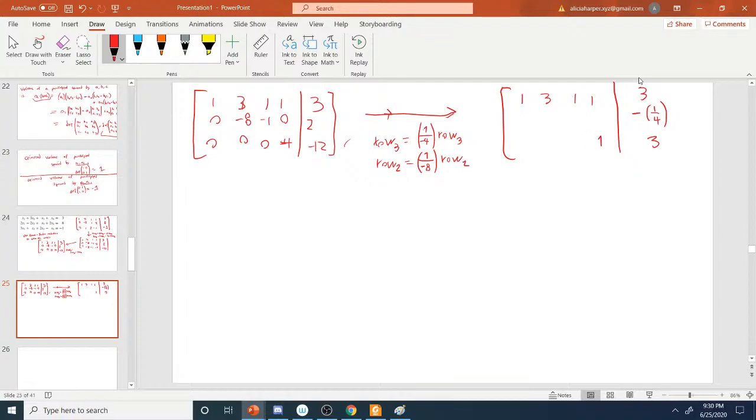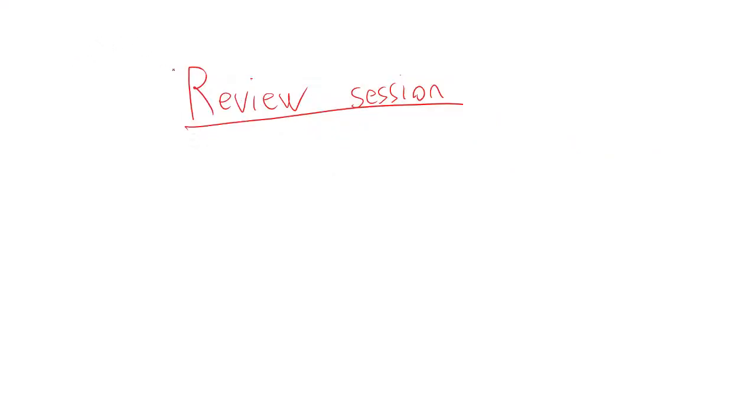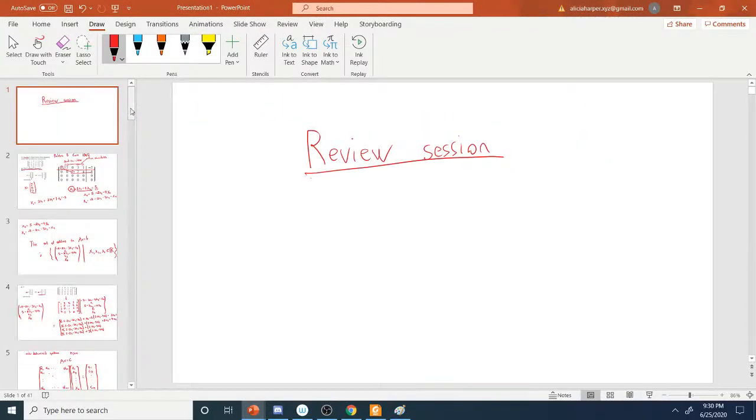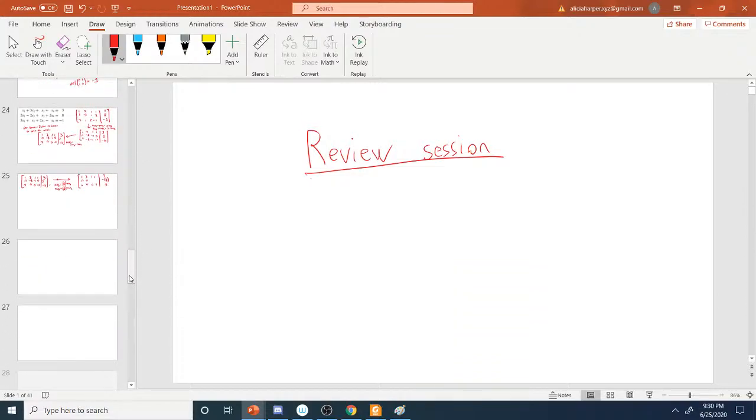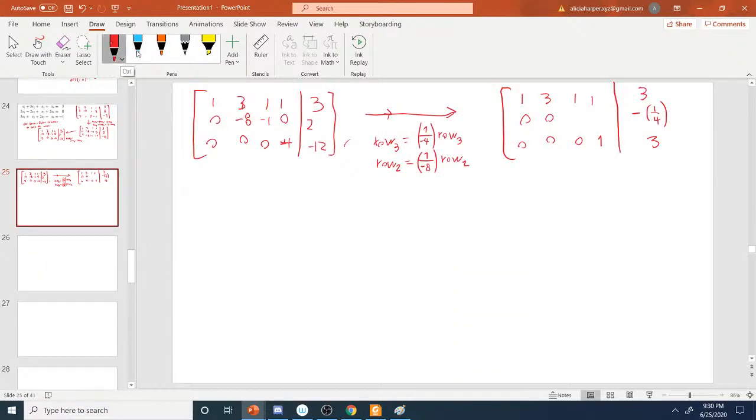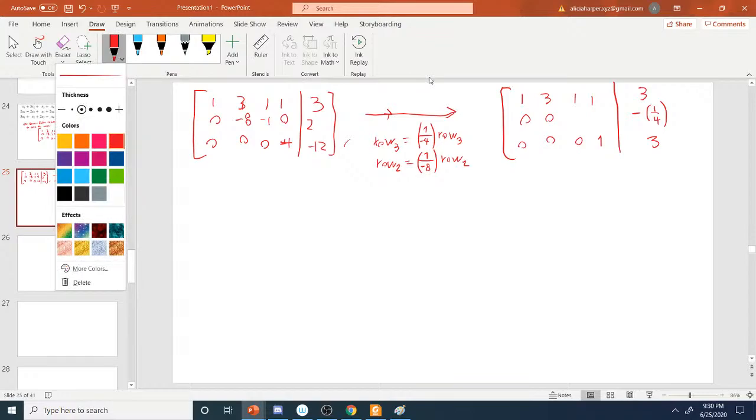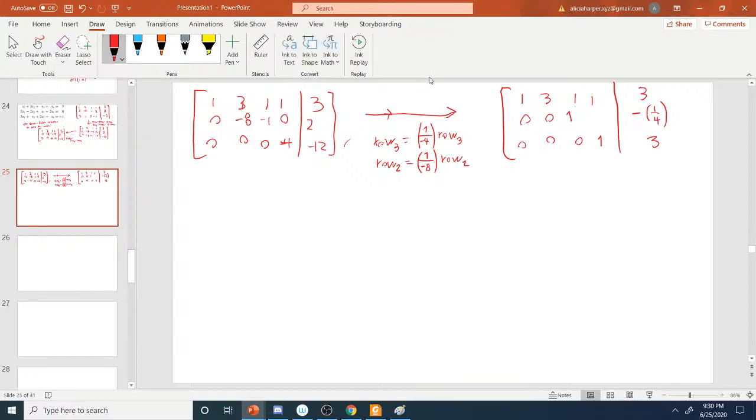I'll have a 1 here, a 0, 0, 0 here, a 0 here, a 1 here. Sorry, actually that's incorrect. This should be a 1. This should be a 1/8. And this should be a 0. Do I agree with all that? This looks right.